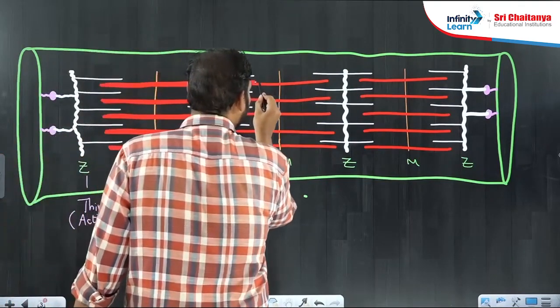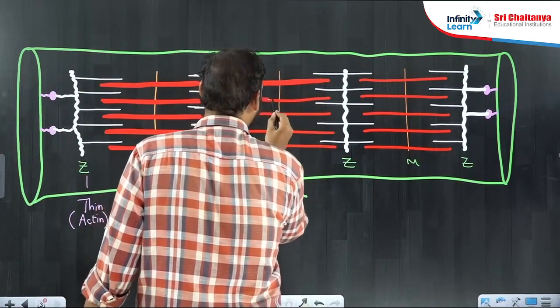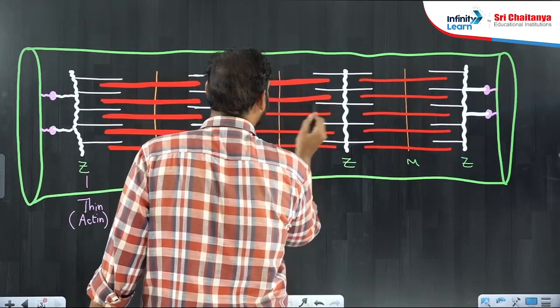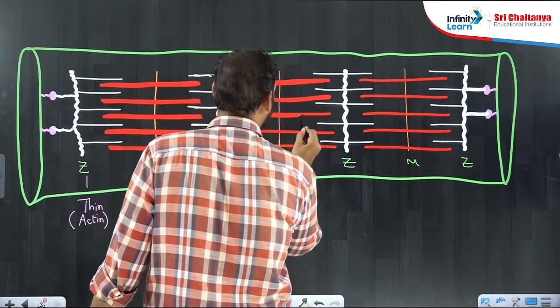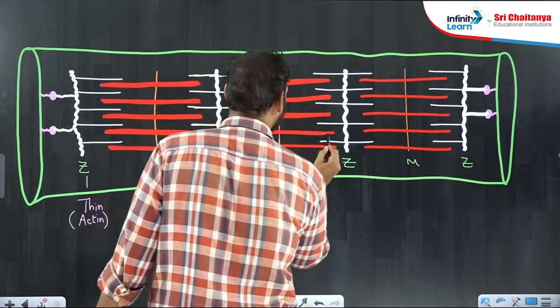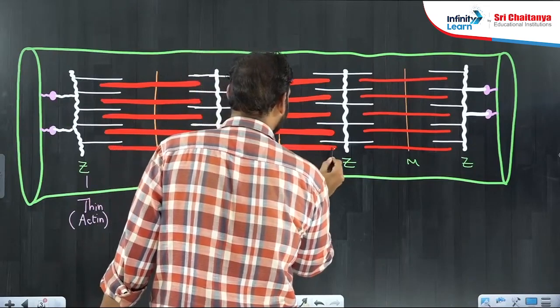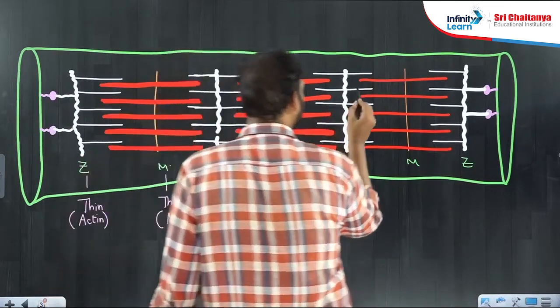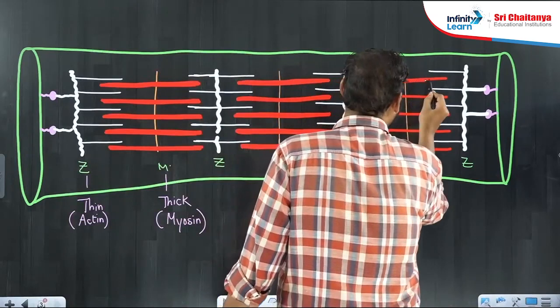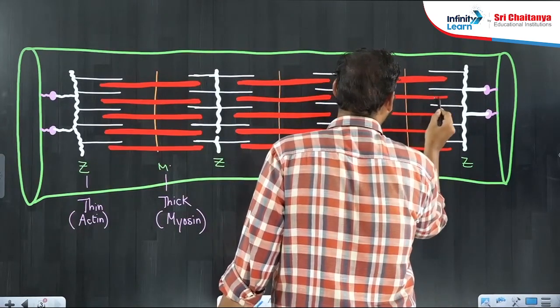Without properly learning these structural aspects, it will become very difficult for you to learn about functional or physiological aspects. So please focus on structural aspects first, morphology and anatomy. Then it will be easy for you to focus on the physiology of a muscle. So we learn muscle contraction for sure, but not without this information.